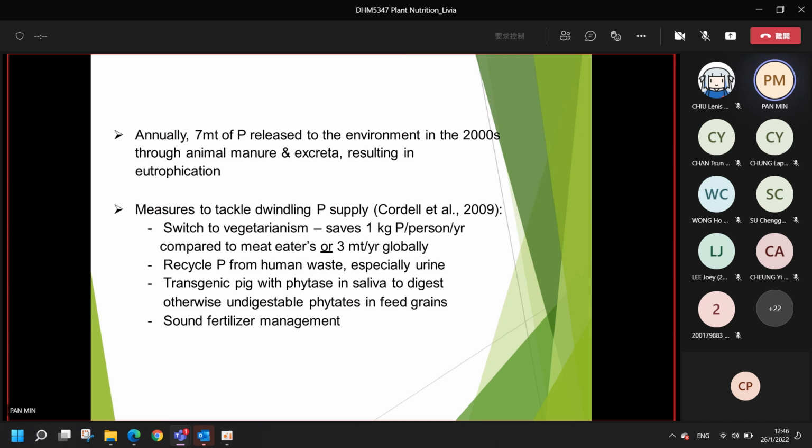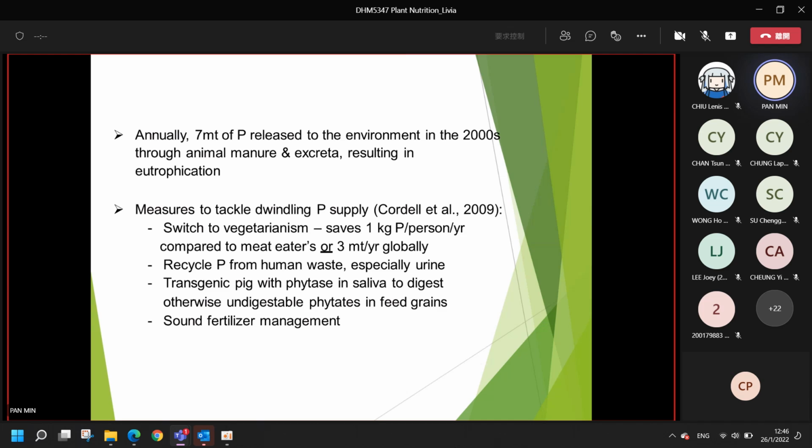So one measure to tackle the phosphorus supply problem is to switch to a vegetarian diet. According to recent research by the Chinese University of Hong Kong, they found that if people eat more meat, it can increase the carbon footprint in the world.